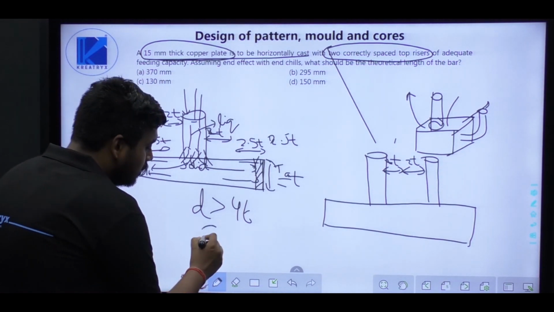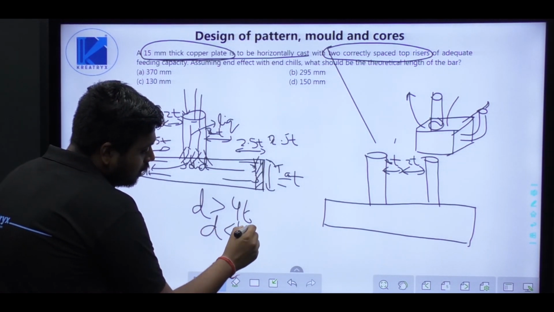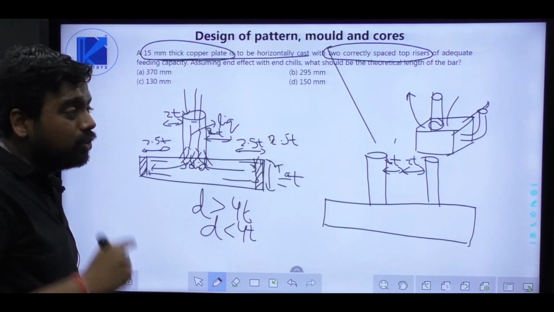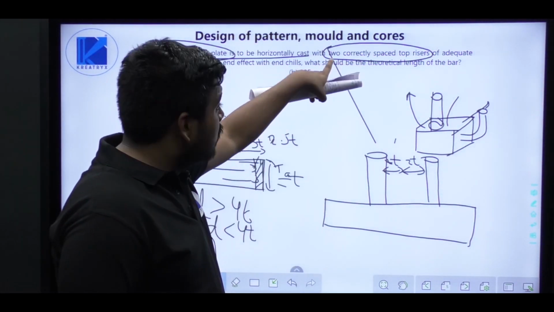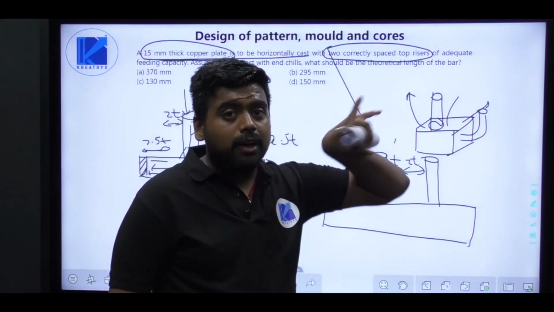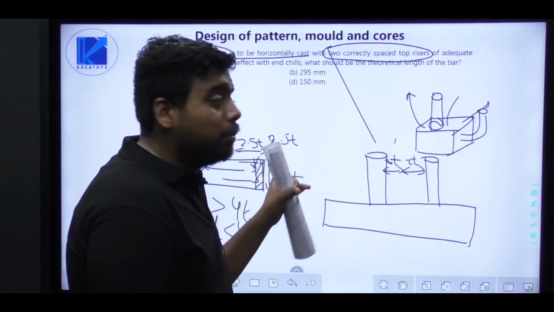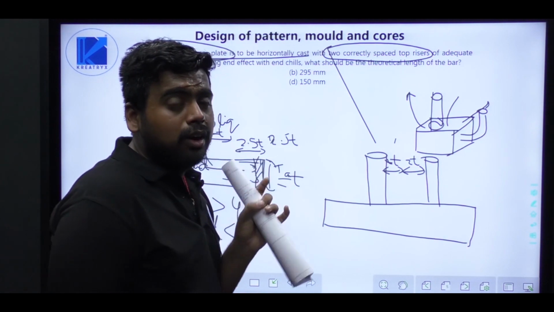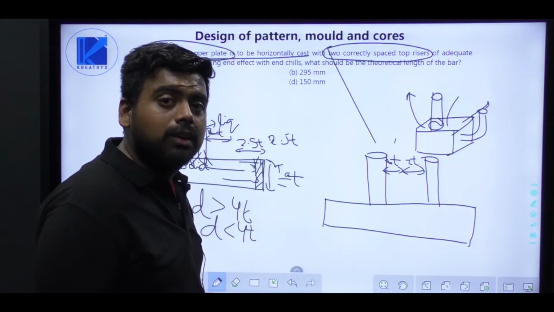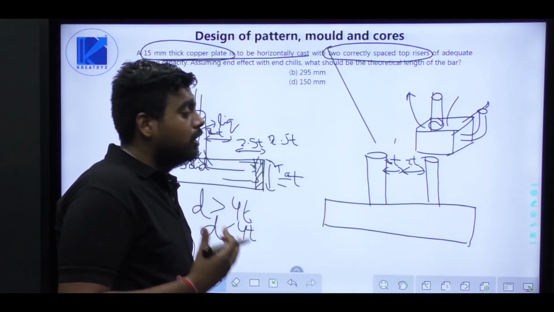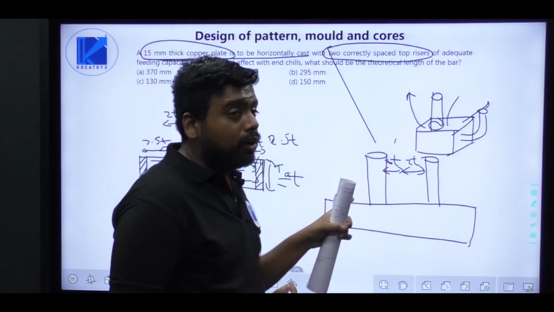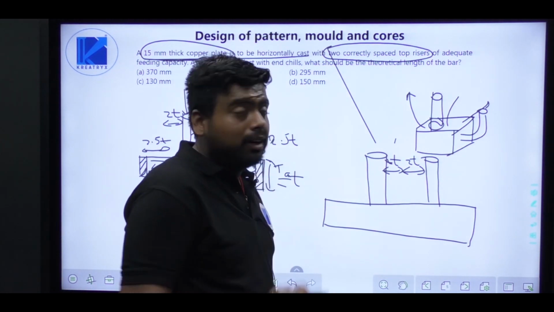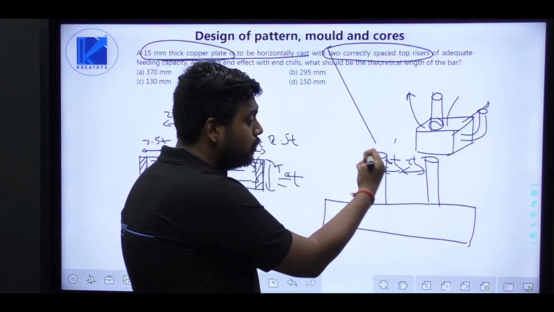And what happens if d is less than 4T? Then the risers won't be placed correctly, because we are not fully utilizing the thermal gradient in the riser. So for the risers to be correctly spaced, it must be 4T.